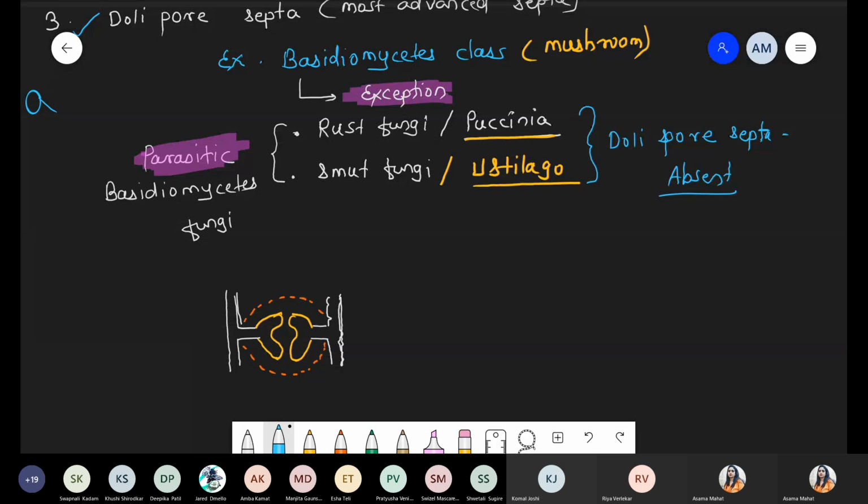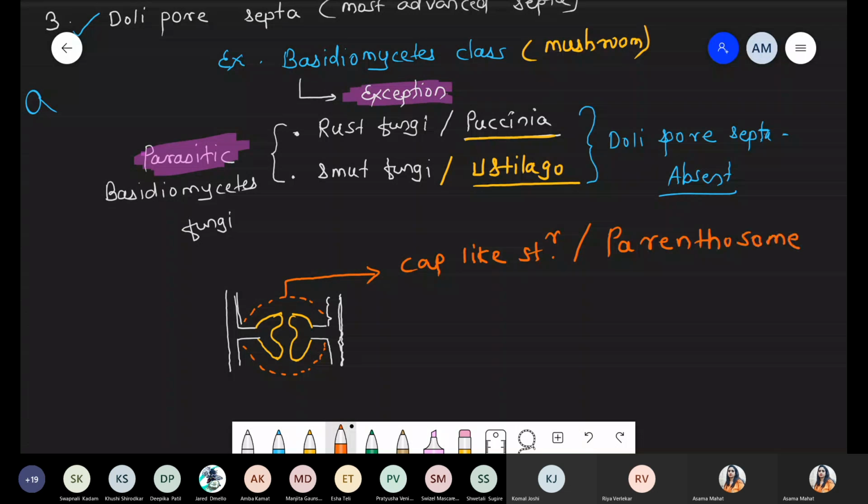So whatever we have drawn with the orange color is nothing but the cap-like structure. This cap-like structure is simply called the parenthosome.